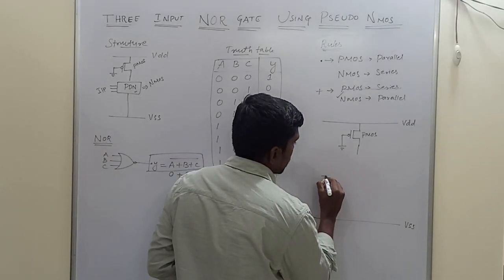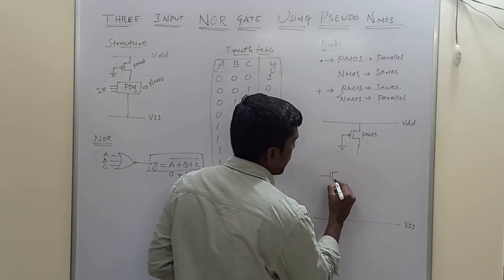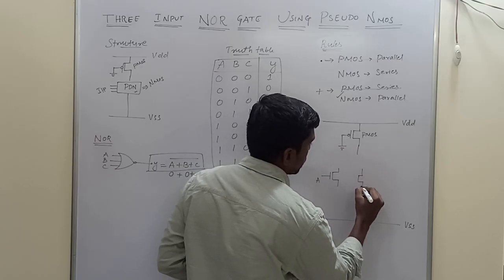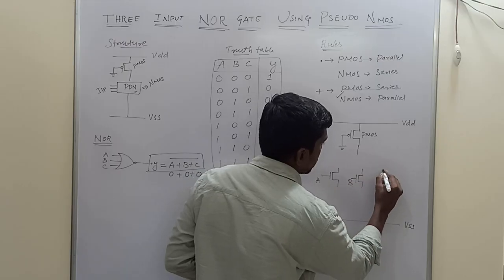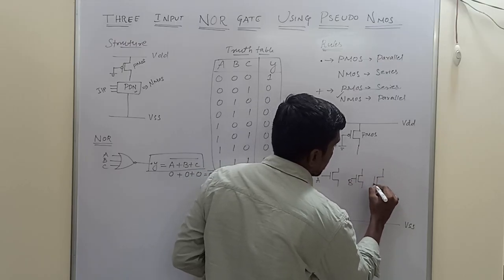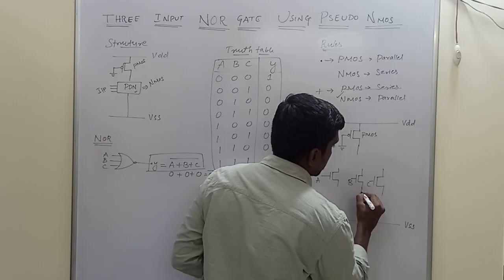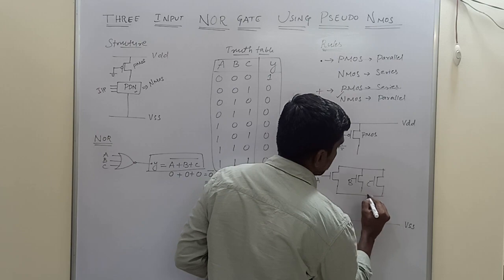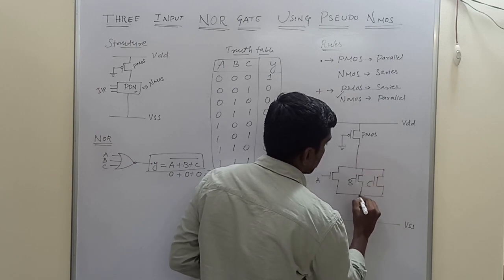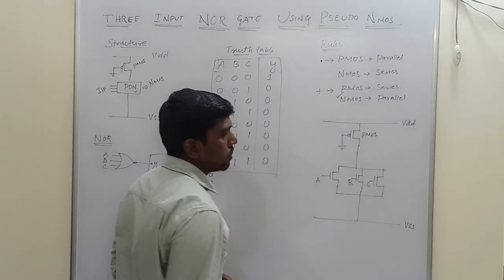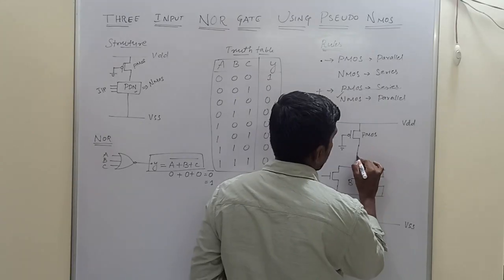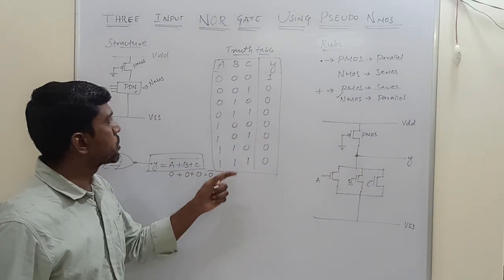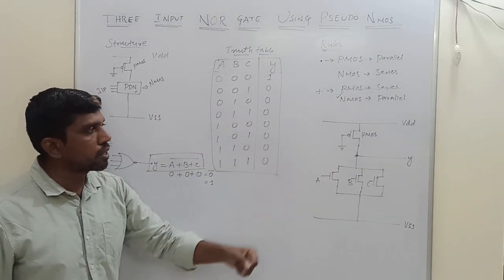Here we have 3 inputs, A, B, C. These 3 transistors are connected in parallel. Then this connects to VSS. The output is taken from here, so it's Y.